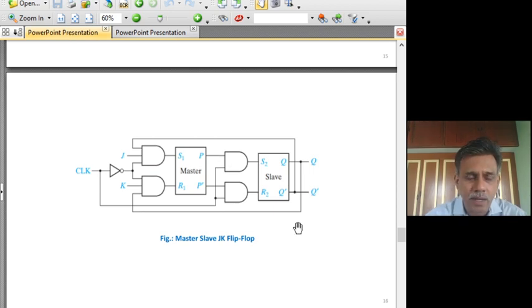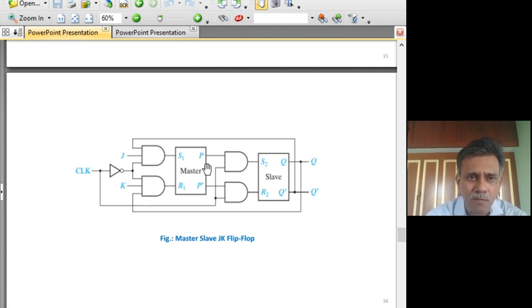If you look here, you have two latches, of course constructed using SR latches. There are two SR latches in master-slave configuration. Using that we are constructing an edge-triggered JK flip-flop. The JK flip-flop is constructed by taking Q and Q bar and feeding them back.